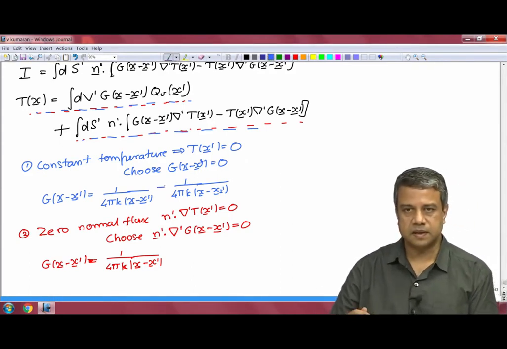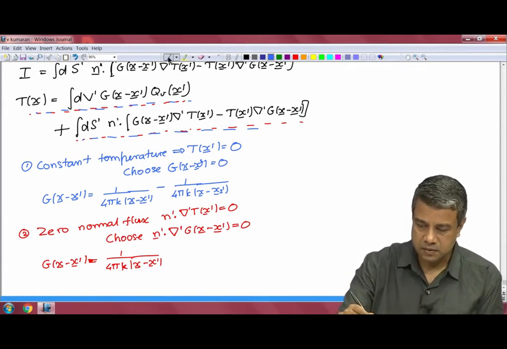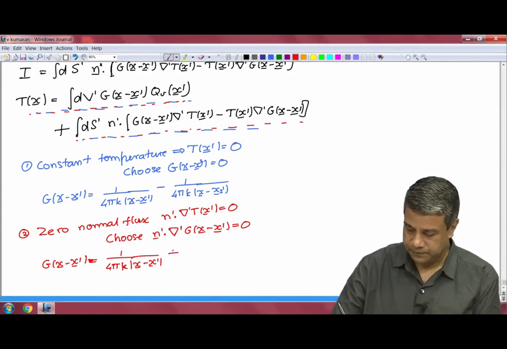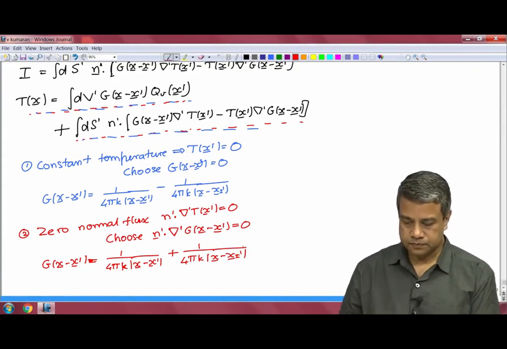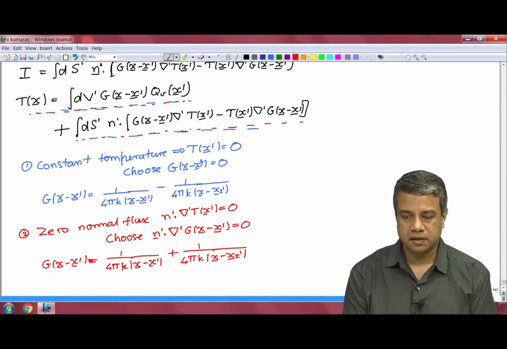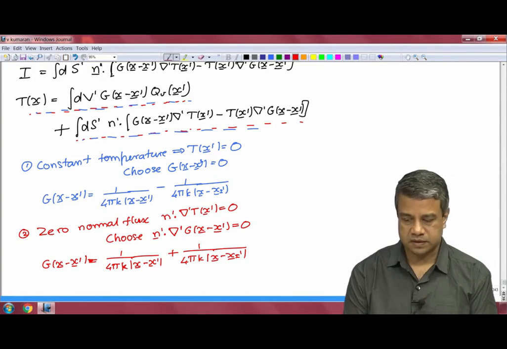This was a negative sign because we had a source and a sink for a conducting wall, whereas for an insulating wall we have two sources. So, by this appropriate choice of the Green's function, we can ensure that all boundary conditions are satisfied on the surface.